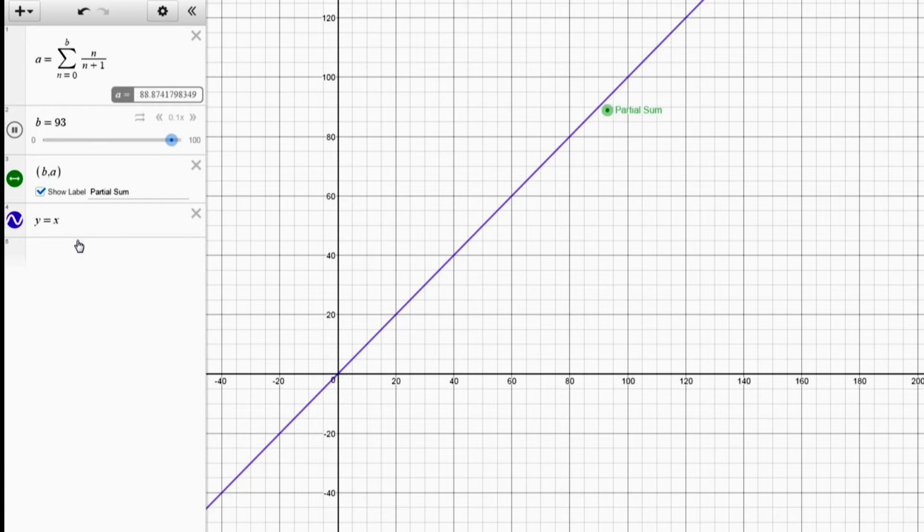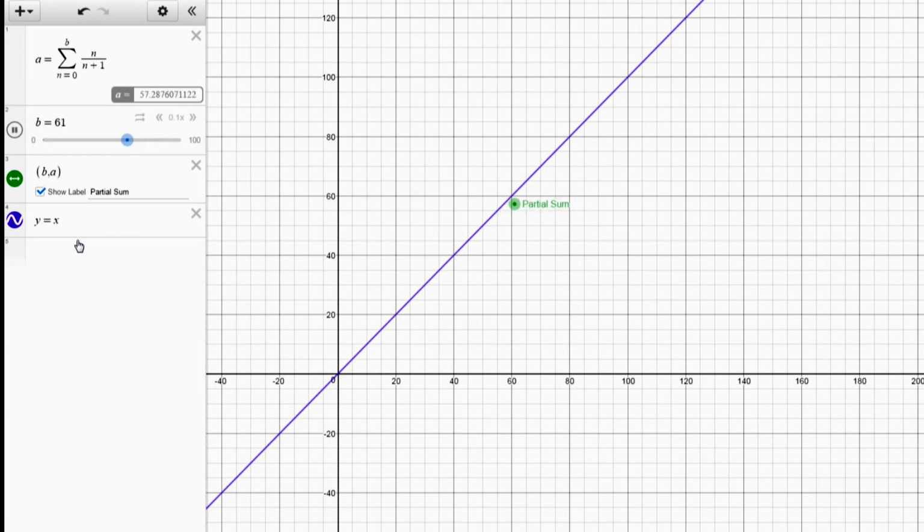So what we're seeing there, a is really my running total. It's a partial sum. There we are starting over again. If you want to play around with this in Desmos as well, all you do is type in the word sum, and that sum symbol will come up, and you plug in all the little pieces that you need. And for reference, I also plotted the line y equals x.